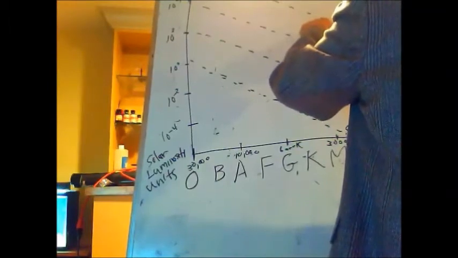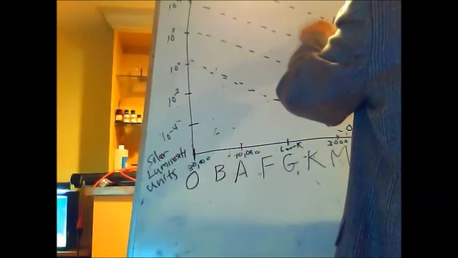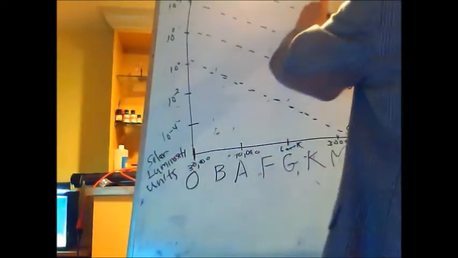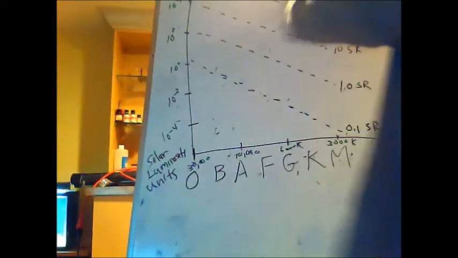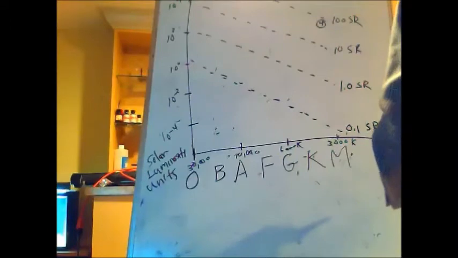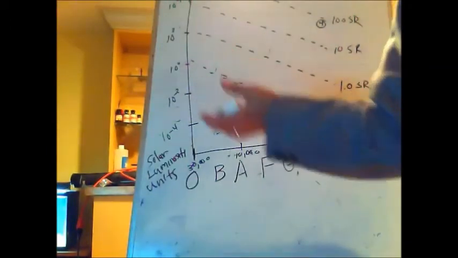Its luminosity will be up and around, maybe somewhere around 10 squared. It's going to be somewhere around here. So that's where it will actually enter onto our HR diagram at stage 4. And then it's going to move down through its evolutionary history.